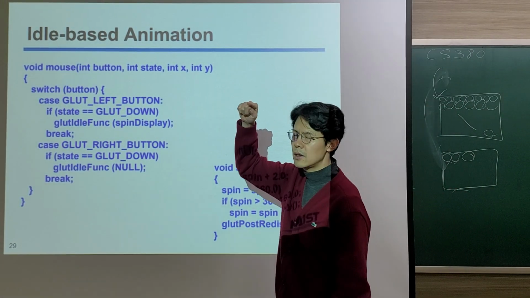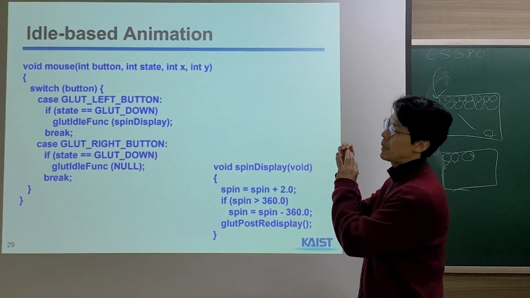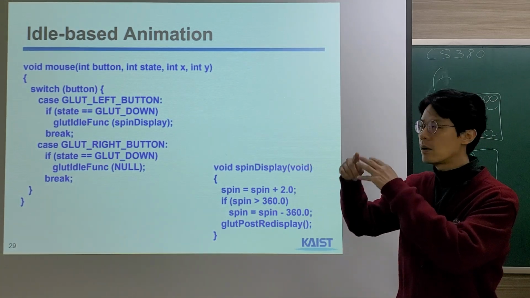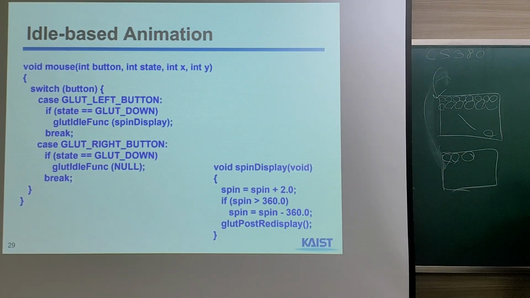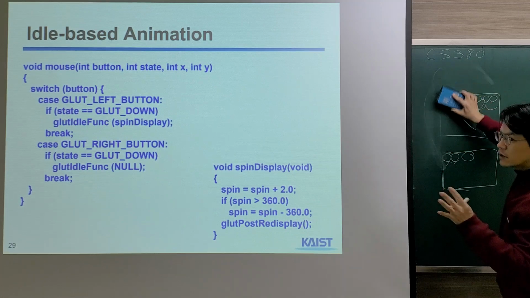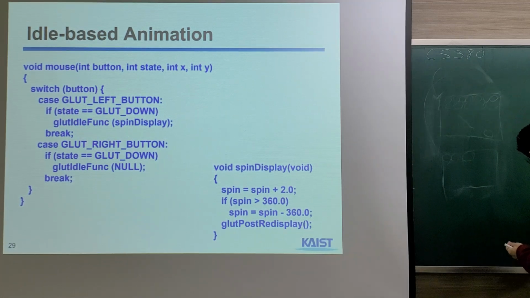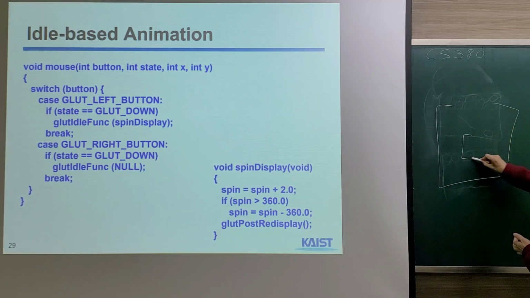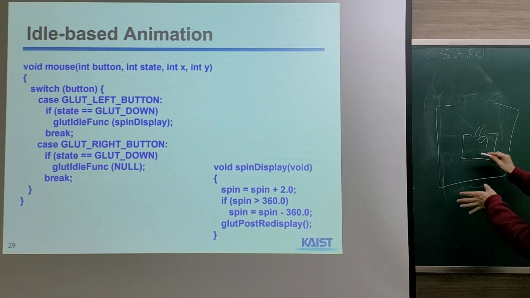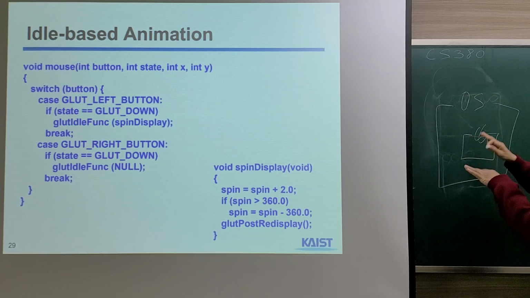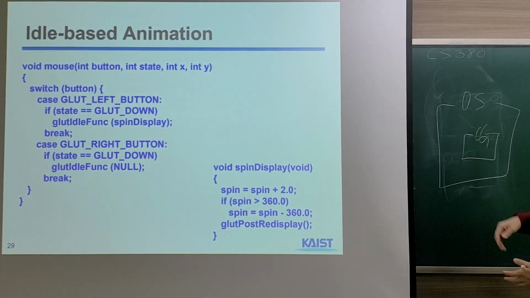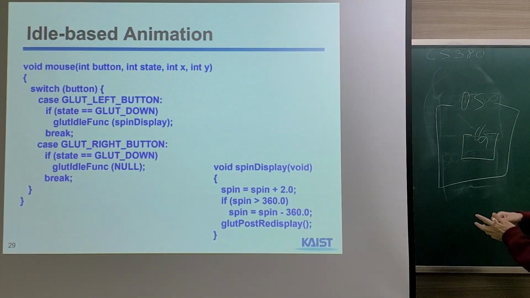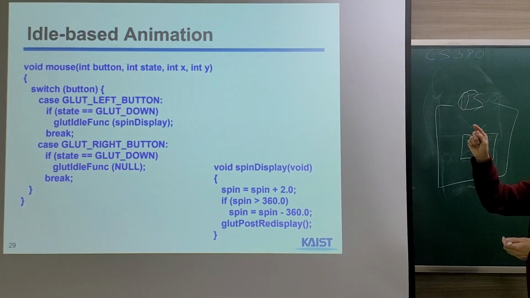Basically when I click some button, the OS identifies that there is some sort of our program running on top of it, in this case Windows or some other OS, right? So our CG applications run on top of the OS, right? When you click the mouse, the OS knows that the mouse button was clicked, right?